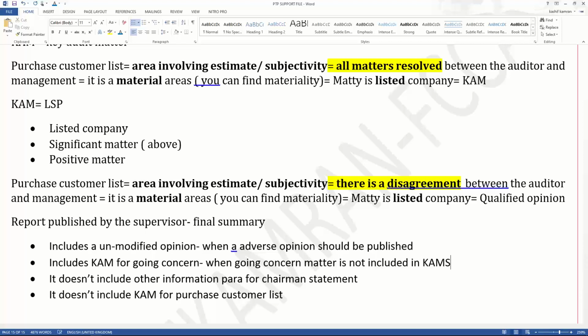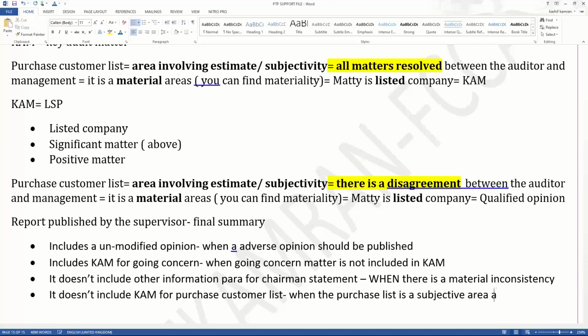Have I given you the logic that the going concern matter doesn't come in CAM? Third, it doesn't include the other information paragraph for the chairman statement when there is a material inconsistency. Fourth, it doesn't include a CAM for the purchase customer list when the purchase list is a subjective area and all matters are resolved.